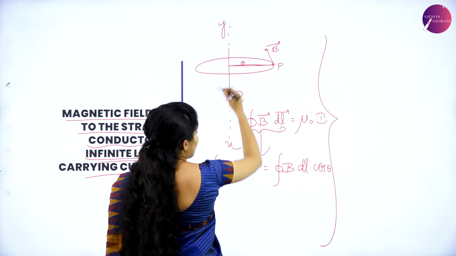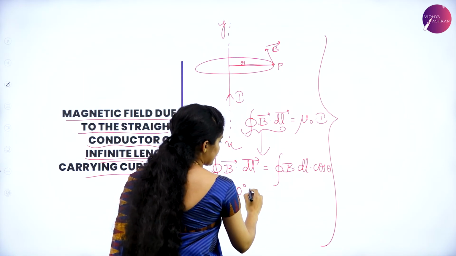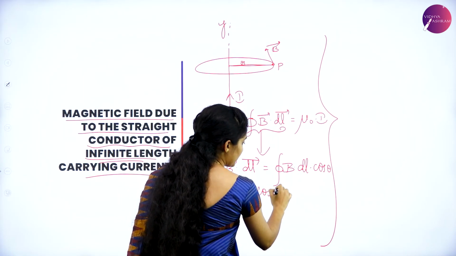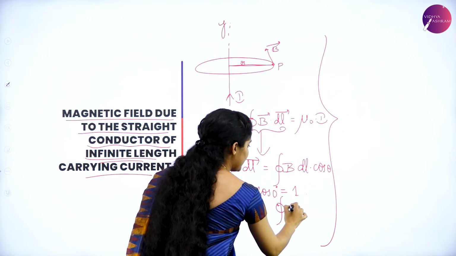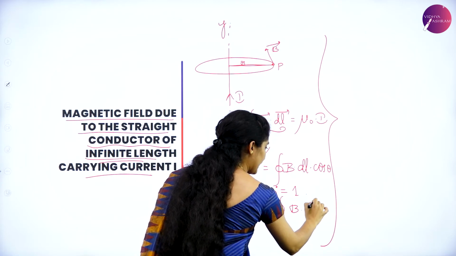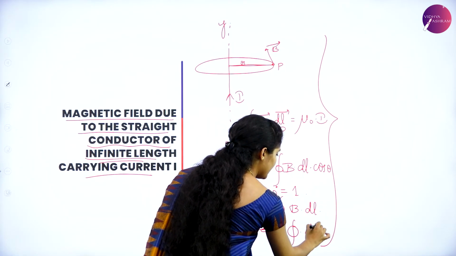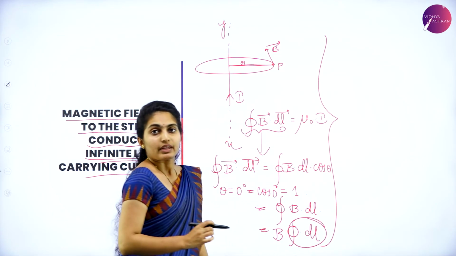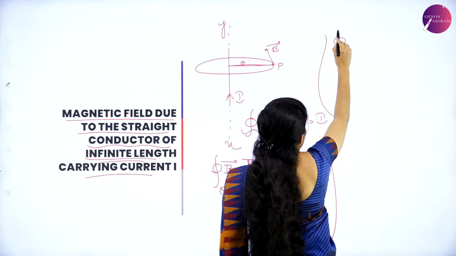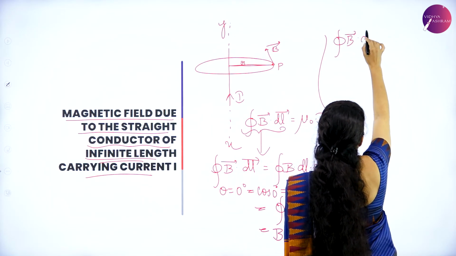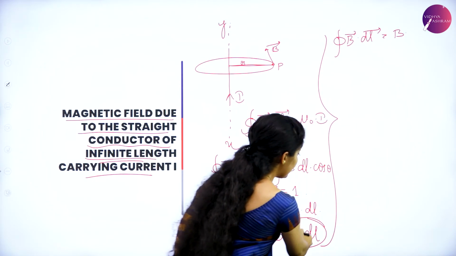Since it is parallel to the current element, θ is 0 degree, and cos 0 degree is 1. So the equation becomes the line integral of B into dl. The magnetic field is taken outside, and we only have the integral of the line element. Then the integral of B dl is equal to B times the line integral of dl.